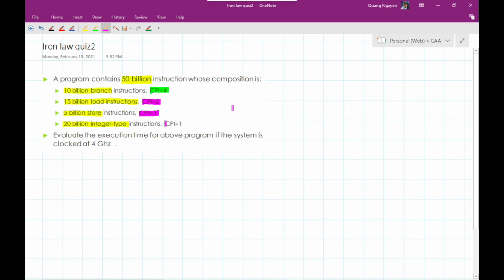Now we need to evaluate the execution time for this program if the system is clocked at 4 gigahertz.